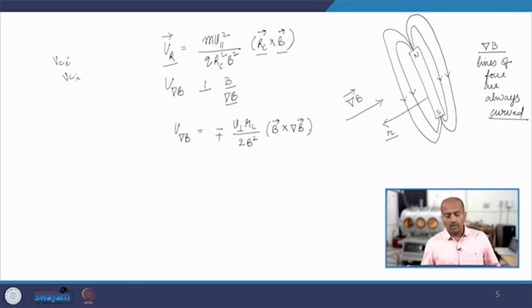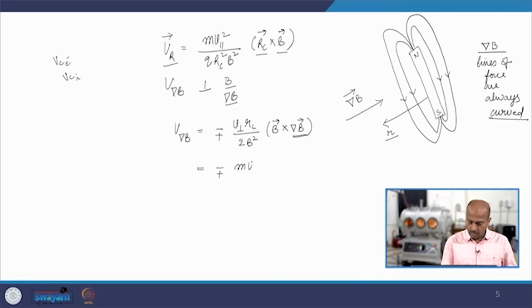So, if you recall our last class, we have used B cross dou B by dou Y. The derivative of the magnetic field is now represented as a gradient in any possible direction, right, which can be rewritten as minus plus m V perpendicular square by 2Q times B cross del B by BQ.